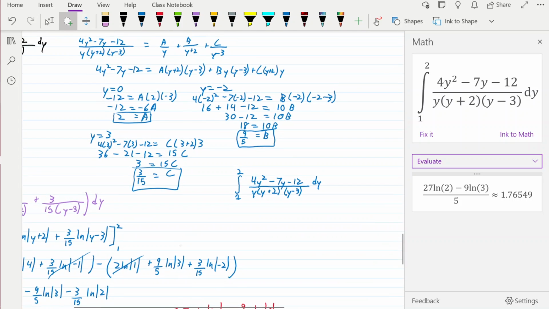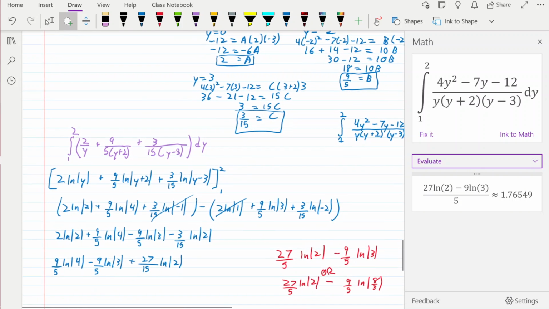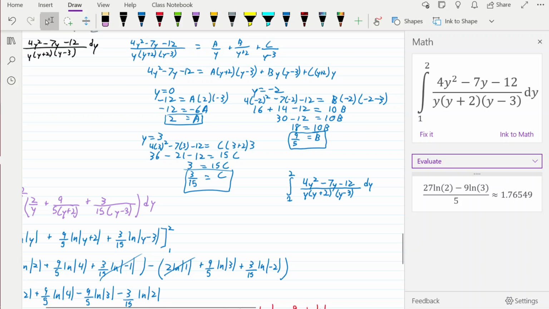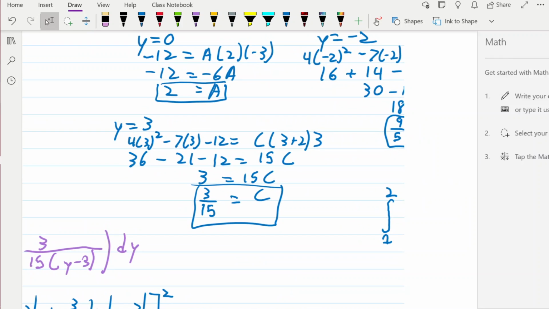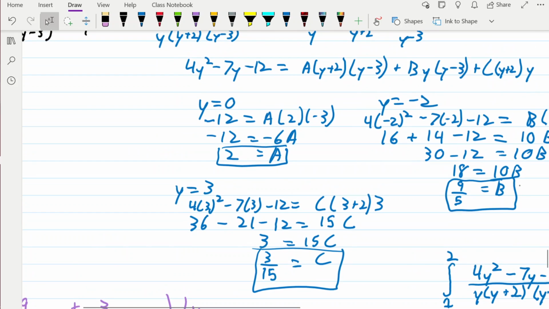Whether that was in plugging in values or integration. But it looks like it's a value, so it's an issue somewhere with y equals, like when I plugged in y equals 3 right here. Because 4 times 3 squared. 3 squared is 9. 9 times 4, 36. Minus 7 times 3. That should be 21. Minus 12. That should be 3 over here.